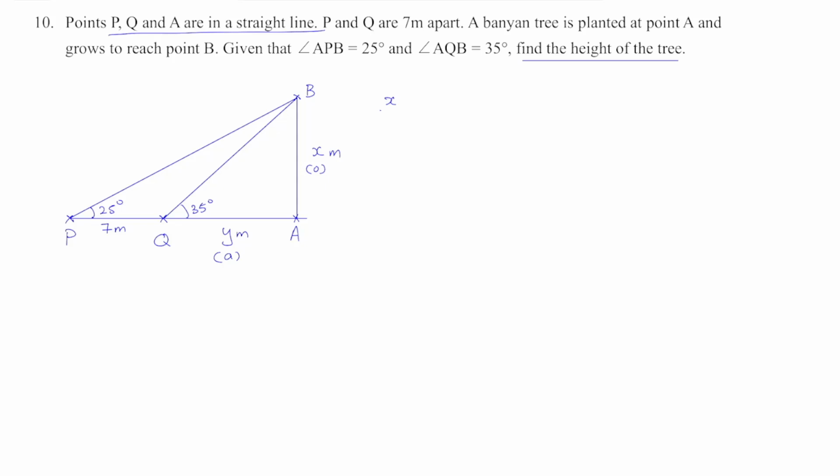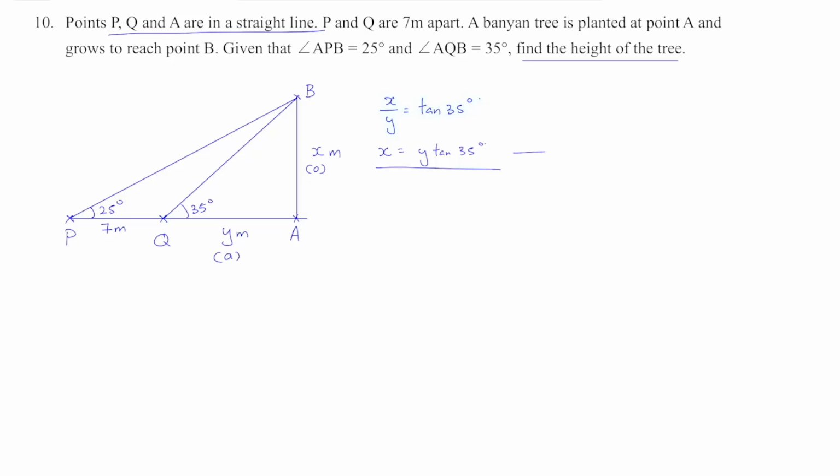So x over y equals tangent 35 degrees. We want to make x the subject, so x equals y tangent 35 degrees. So this is my first equation. We will make this the main reference.